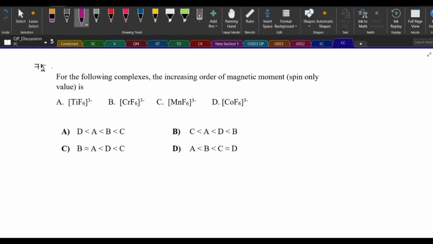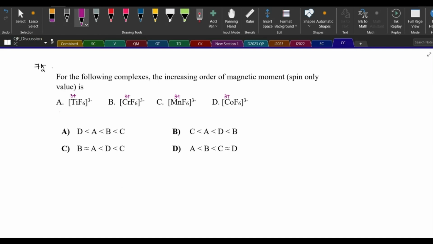Did everyone see the titanium oxidation state? Titanium is in 3+, chromium is in 3+, manganese is in 3+, cobalt 3+. Find the unpaired electrons. In all of them fluoride is the ligand, which is weak.